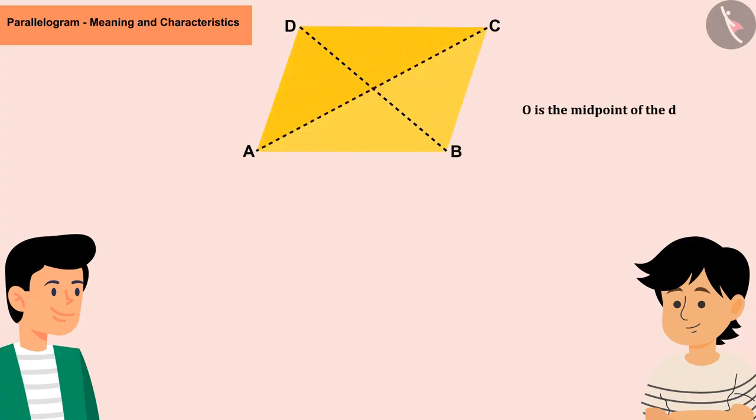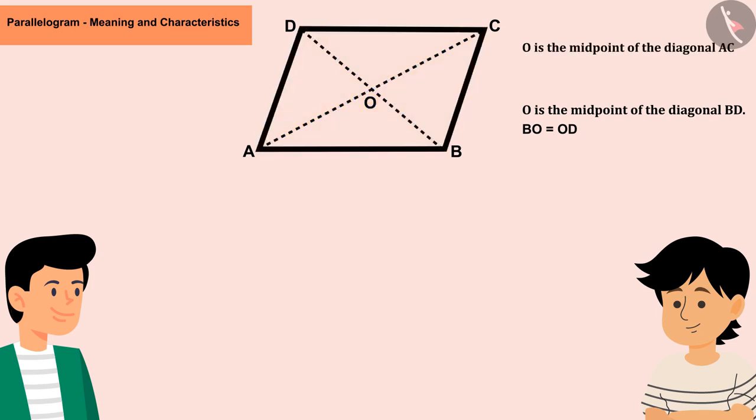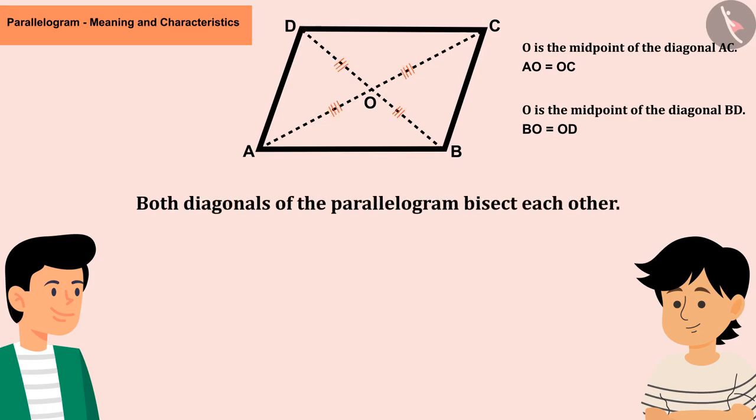This is point O. This is also the midpoint of the diagonal AC. Since the midpoint of the two diagonals is the same, we can say that both diagonals of the parallelogram bisect each other. You can verify this by measuring the diagonals with the help of a scale.